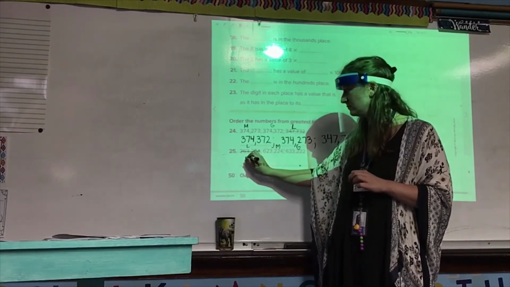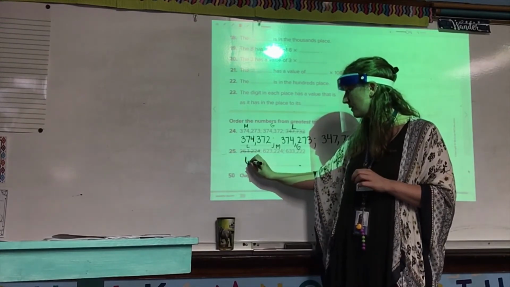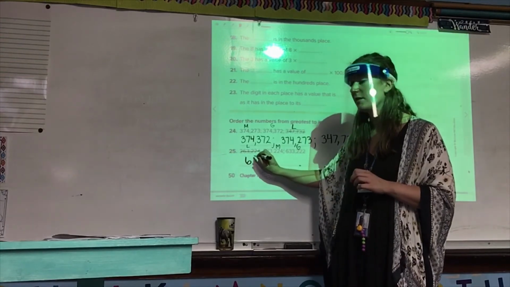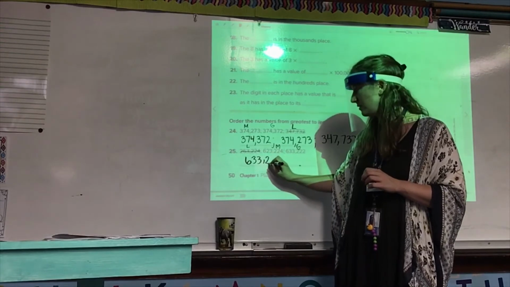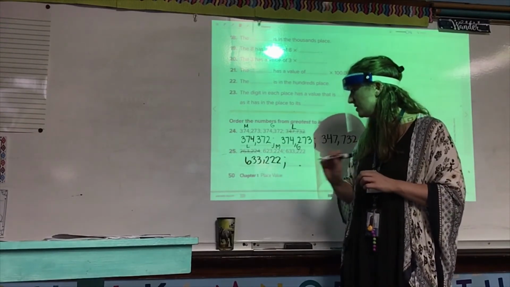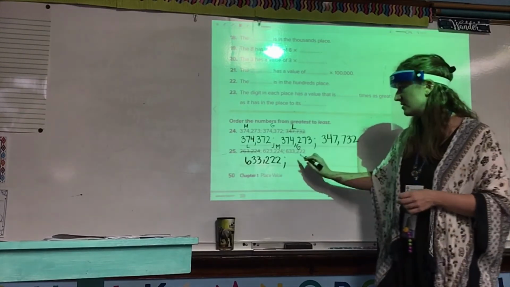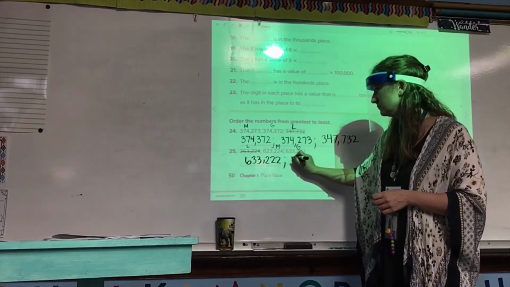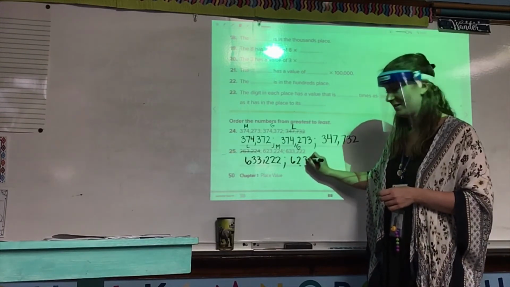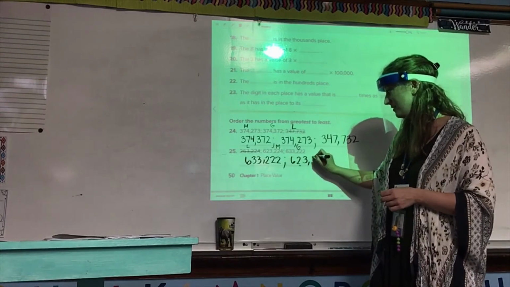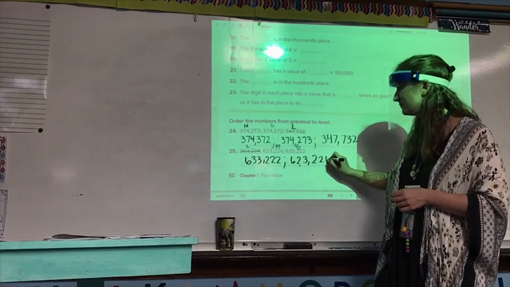The first one that comes in front is 633,222. Very good. And the number with the letter M comes next. What is that number? 263,224.